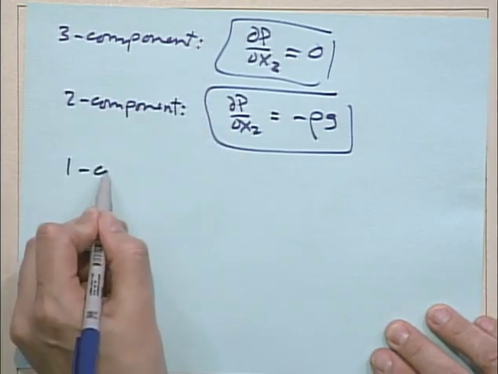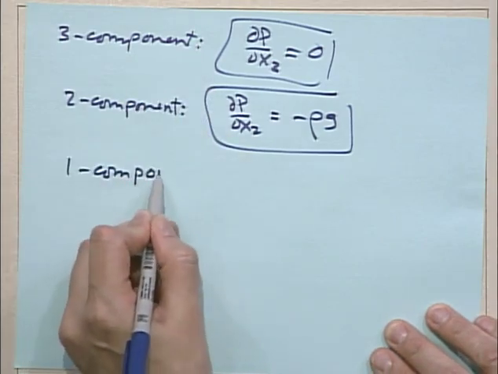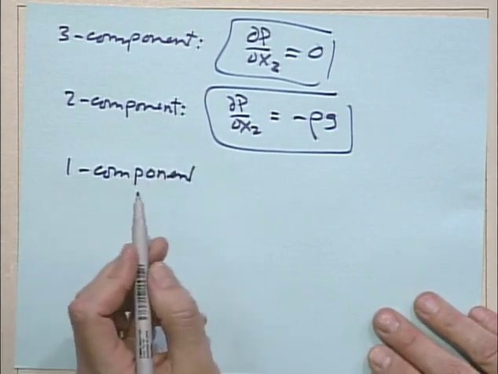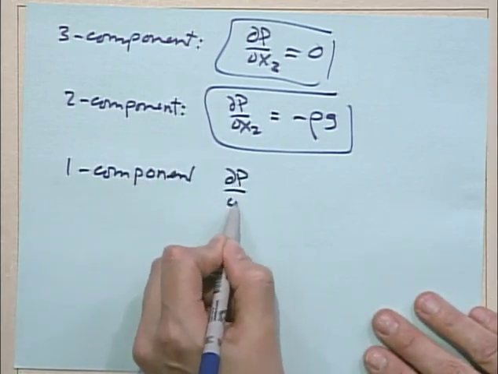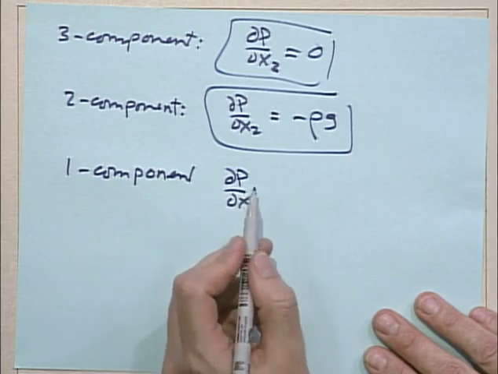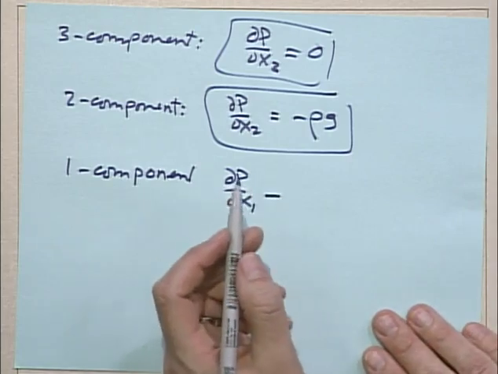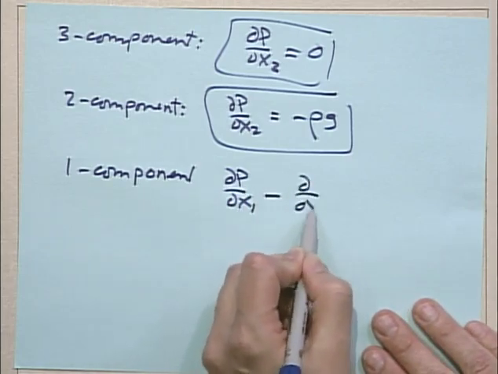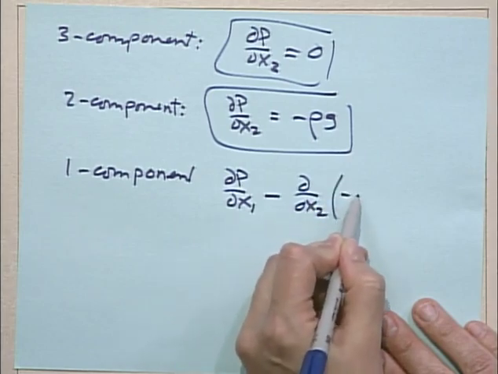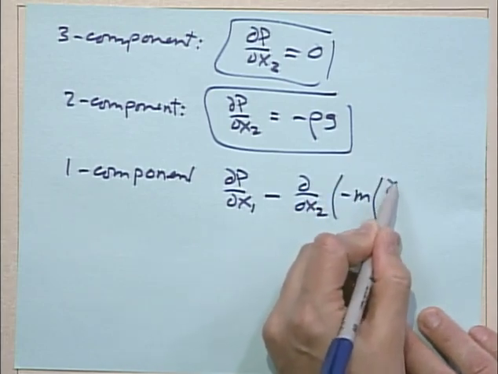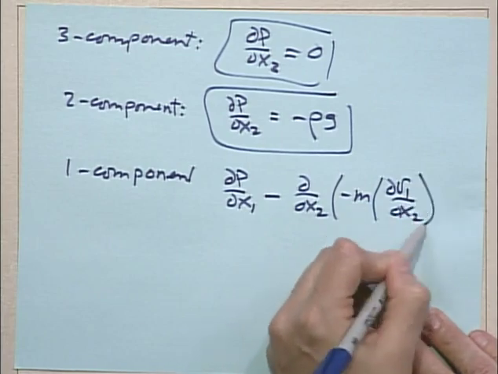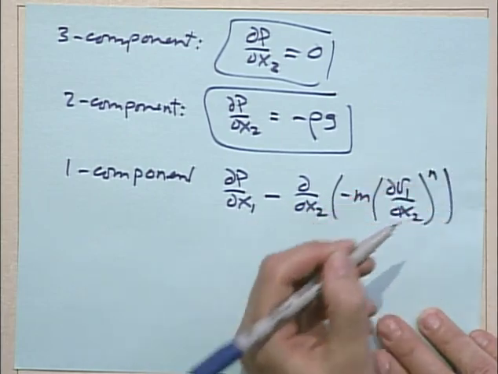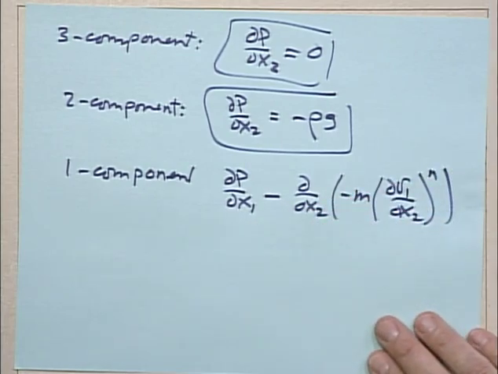And the 1 component, which is the one that really tells us about the flow, says dp dx1 minus d by dx2 of minus m dv1 dx2 to the n equals 0.